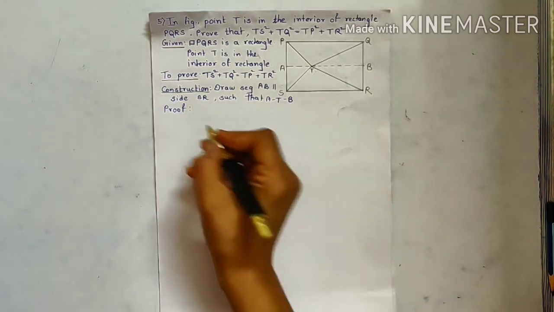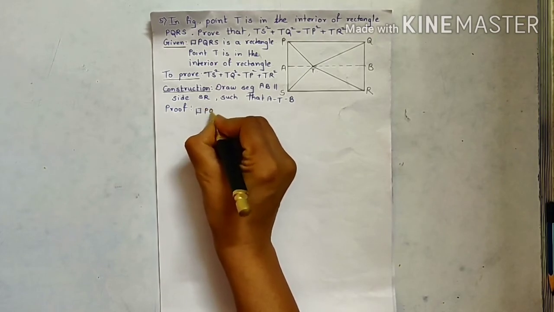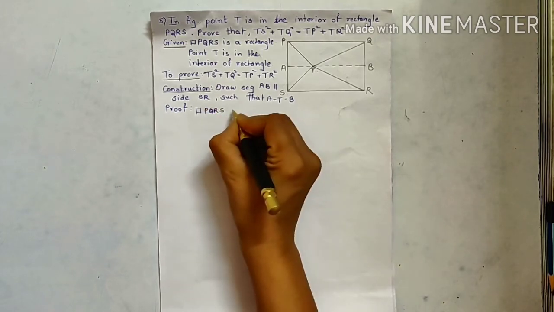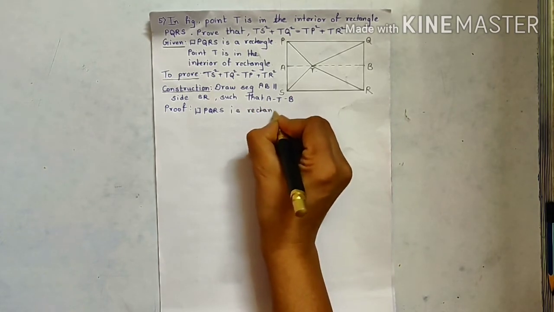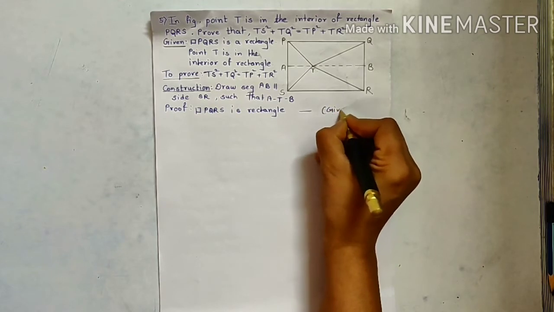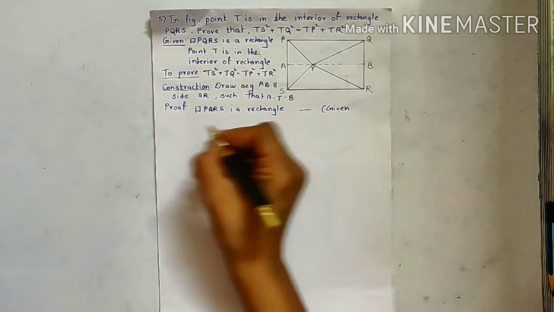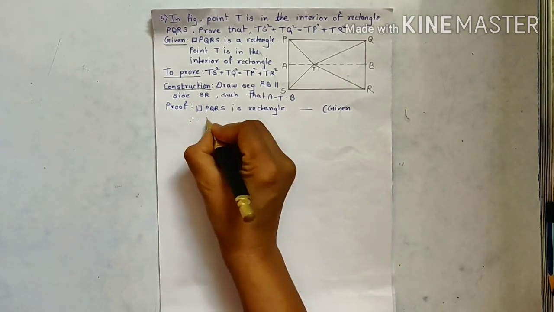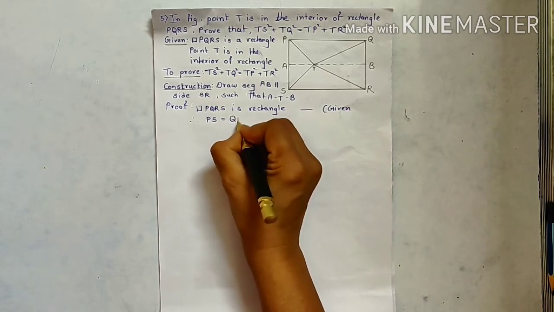Here quadrilateral PQRS is a rectangle. This is given. As it is a rectangle, therefore we can write that PS is equal to QR.